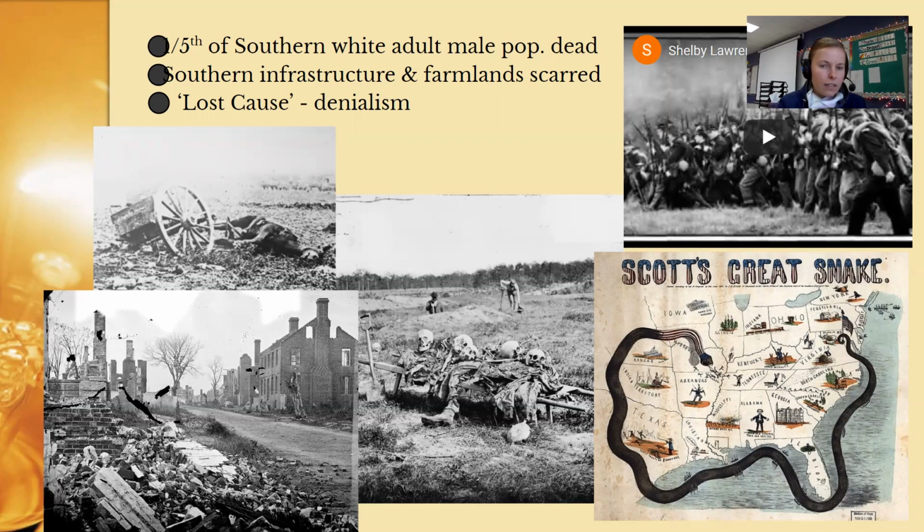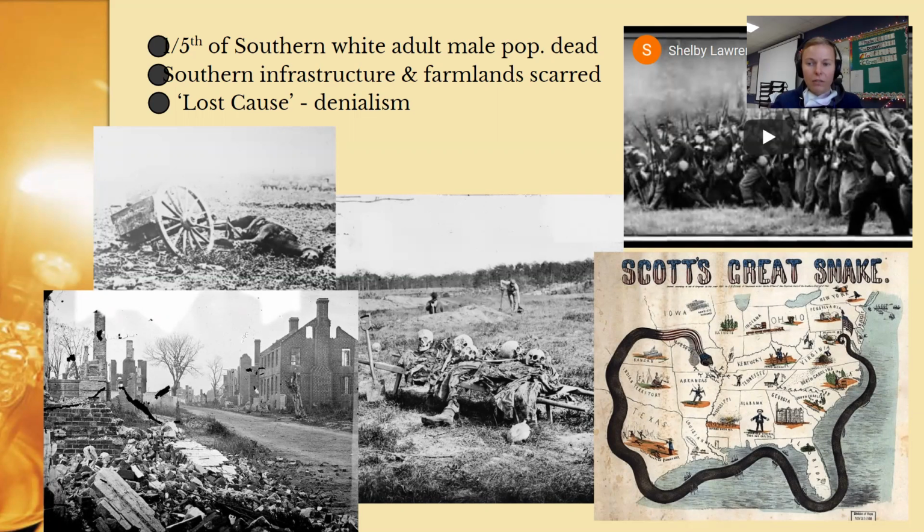And this creates this Lost Cause idea that will be common in the South, especially in the early 1900s, and you even still see it today. It still hasn't gone away. But this Lost Cause idea is basically denialism, saying that the South never really lost the Civil War. They lost it because of this or that, but the Southern soldiers never really lost, and our ideas never really lost.